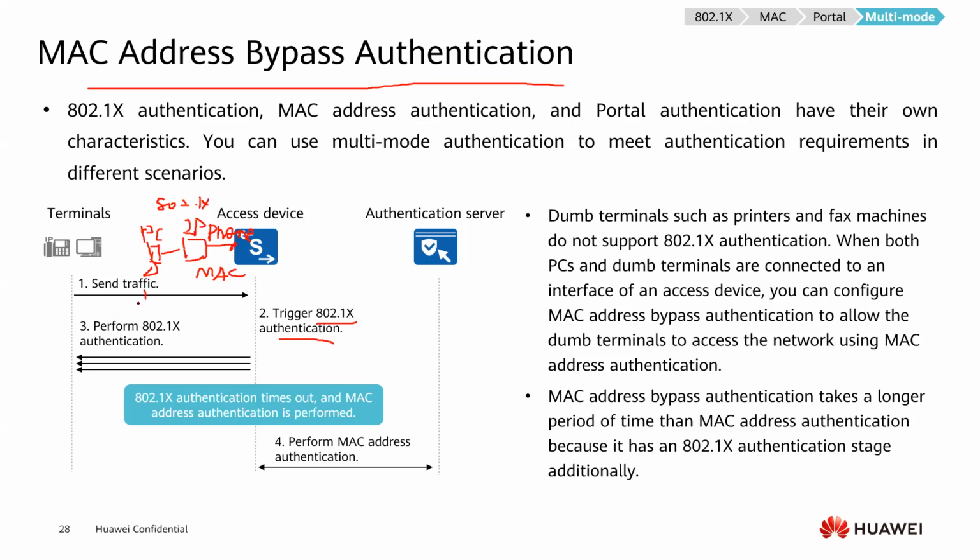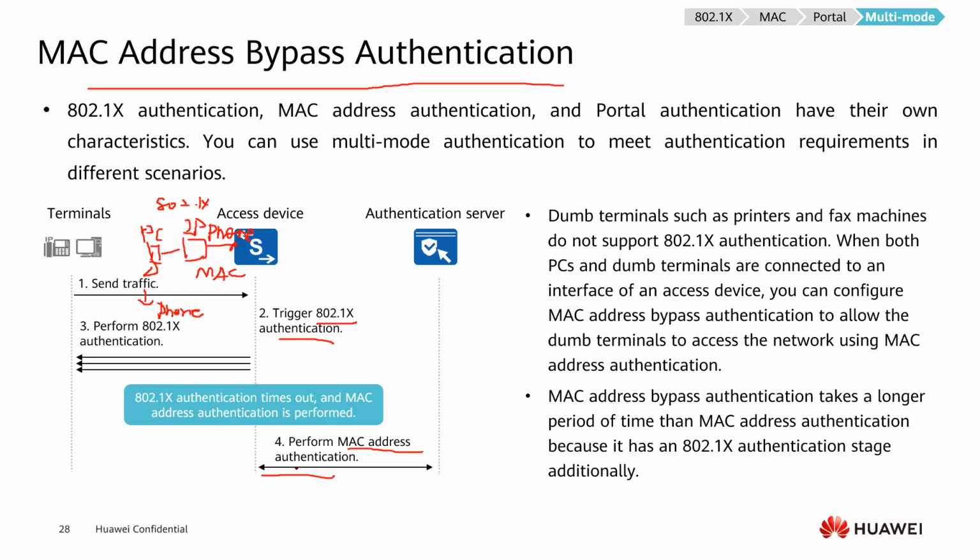If the traffic is sent from the IP phone, it will trigger this kind of authentication, and the device will send a request to the terminal to ask it to enter the username and password. However, the IP phone cannot enter any information, right? So it will retry 3 times. When this authentication times out, it will perform MAC address authentication later.